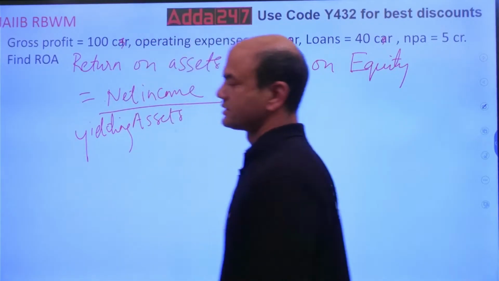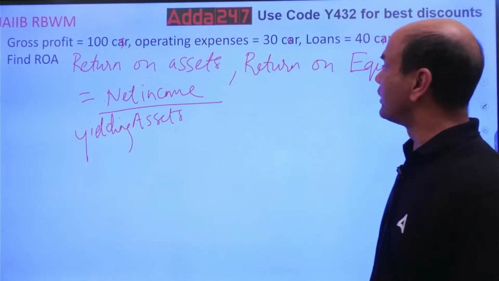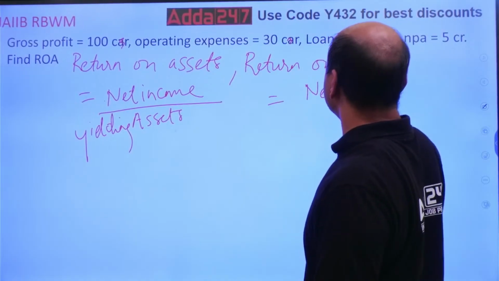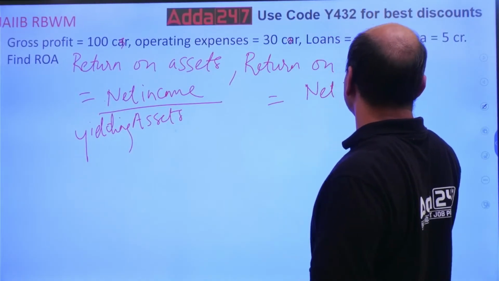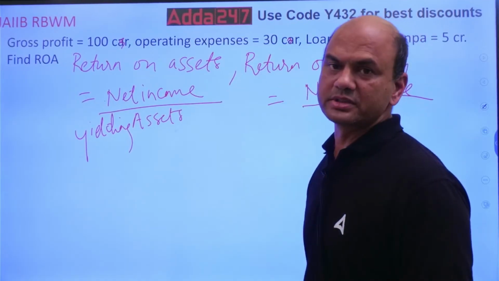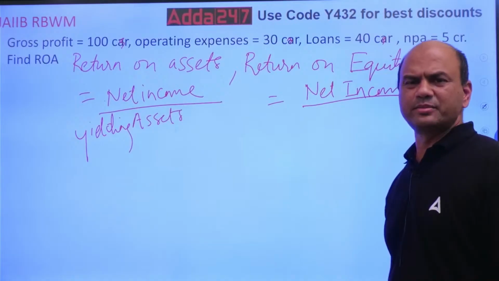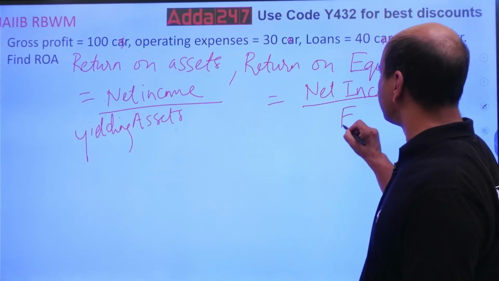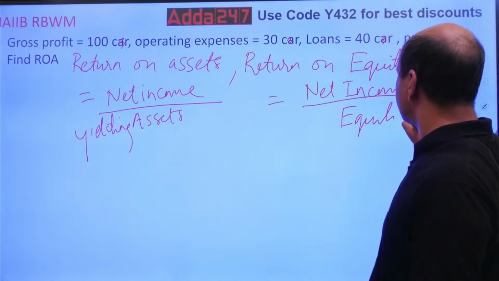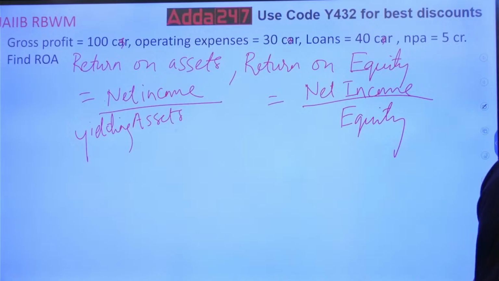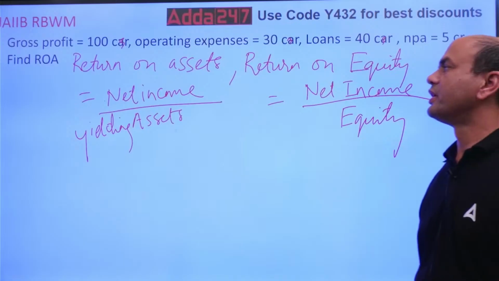And what is the formula for ROE? Net income upon equity, that is, share capital. This is not asked in this problem, but I'm giving it because it might be required in the exam. Got it?